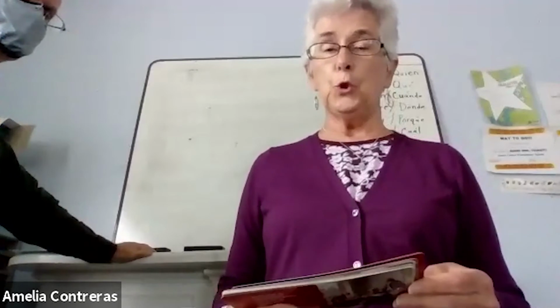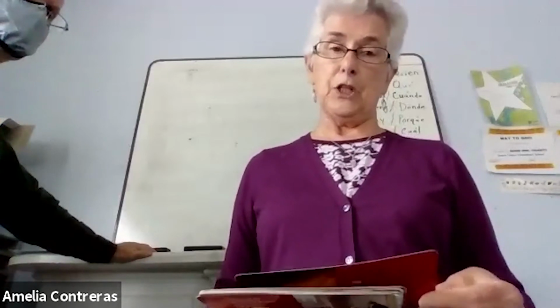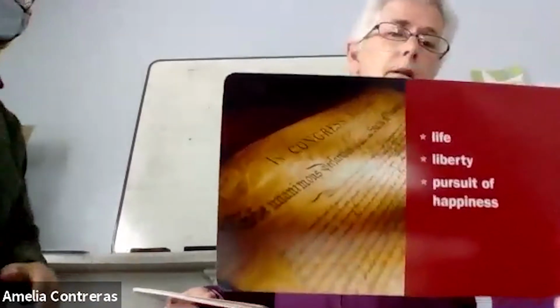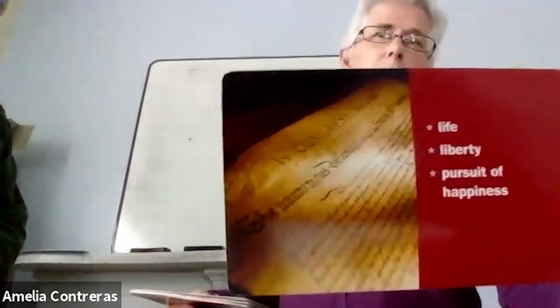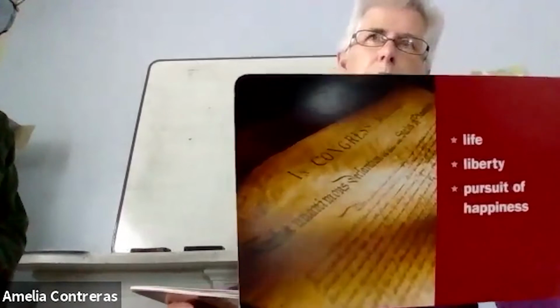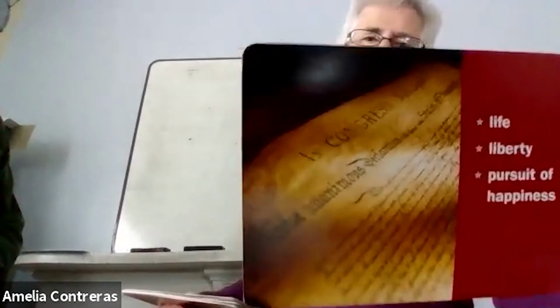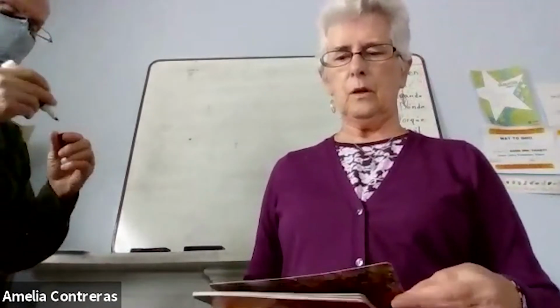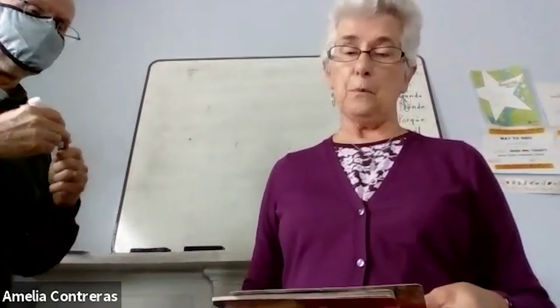What are two rights in the Declaration of Independence? Life, liberty, and pursuit of happiness. Most of the students remember life and liberty. You only need to name two. Why did the colonists fight the British?